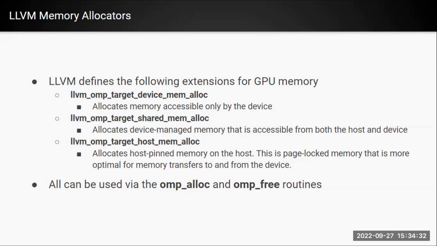That's the idea: memory that can be accessed from host and device. Preferably it migrates by page rather than you having accesses all over the place. And host mem is pinned memory effectively on the host, which you want for two reasons. One is, depending on your system, you can actually access that from the device code directly, which is not cheap, but you can.